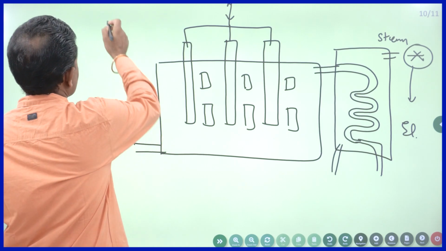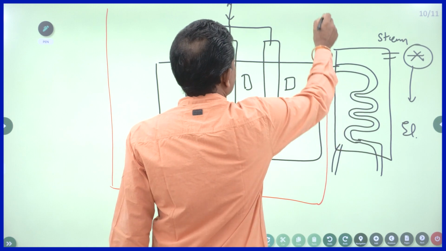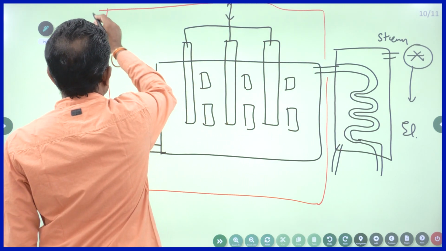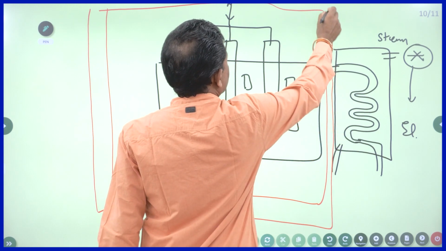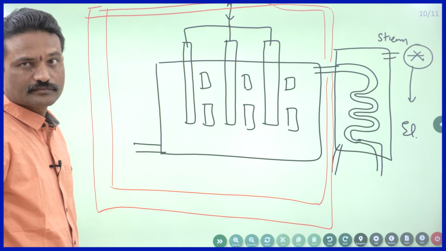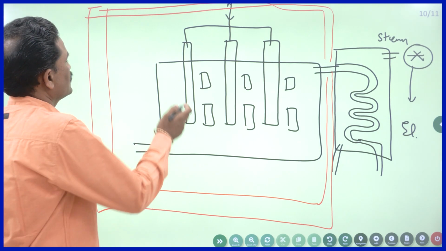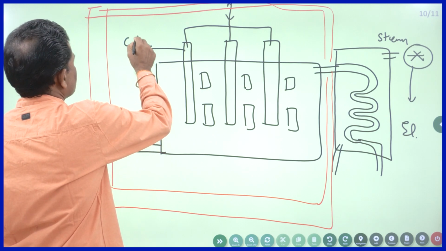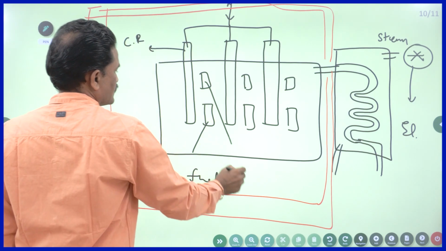So around this you draw one more box, and this box indicates the shielding. Is this clear? This is the wall of thickness 10 meters. That's all. So a labeled diagram means here you write this is controlling rod, let us say this is fuel rod and this is moderator.